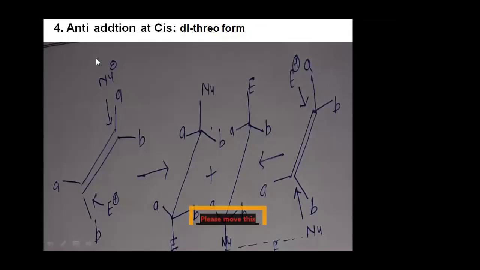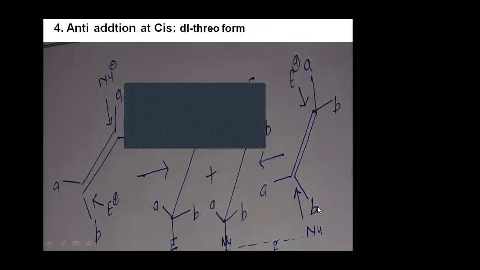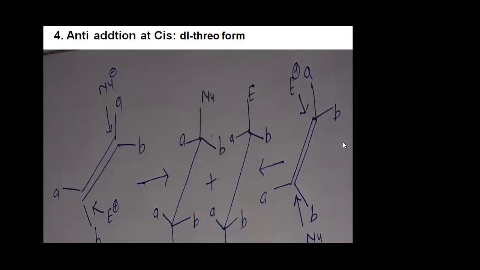Once again, you can see, if anti-addition at cis, then DL erythro form. So you can see anti-addition at cis. Cis means A same side, B same side. Now if A same side, B same side, then here Nu comes from above the plane, E comes from below the plane. And then E comes from above the plane and Nu comes from below the plane. This is very simple.